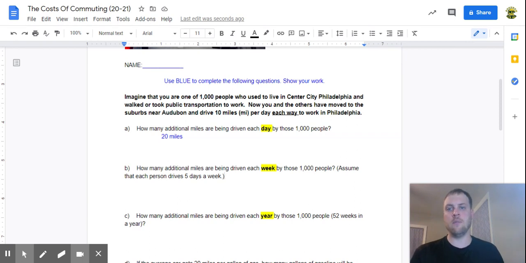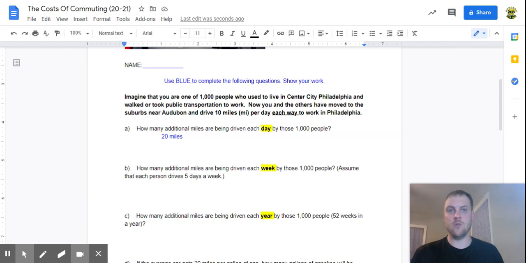B says, how many additional miles are being driven each week by these 1,000 people? And it tells you to assume that each person drives 5 days in a week. So Monday, Tuesday, Wednesday, Thursday, Friday, we're going back and forth into Philly and then back home. So it's 20 miles each day.